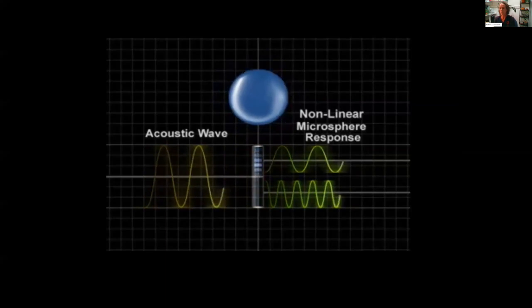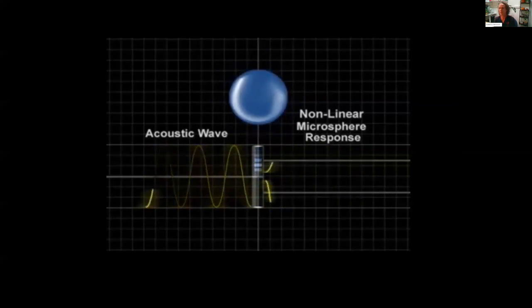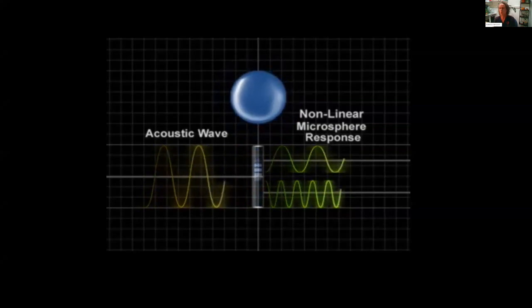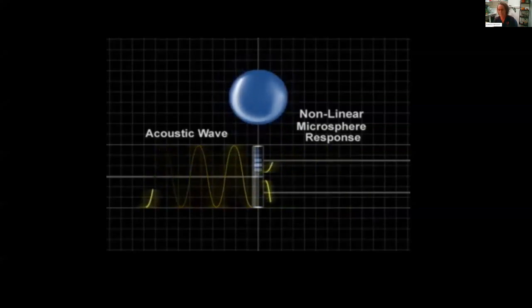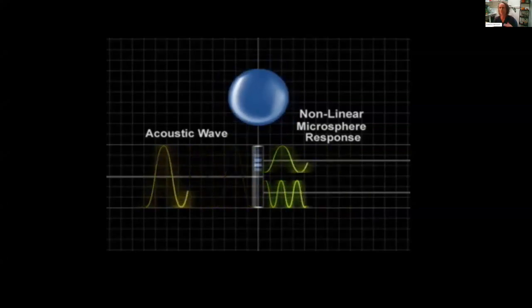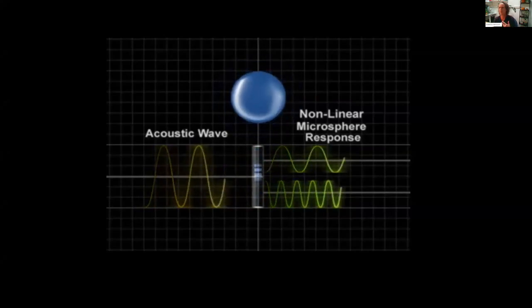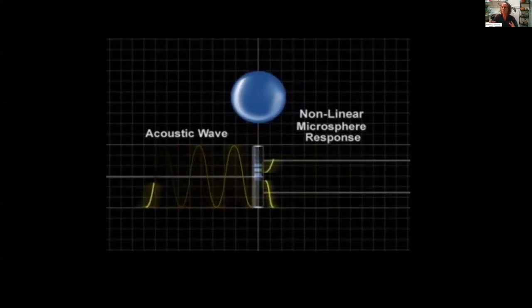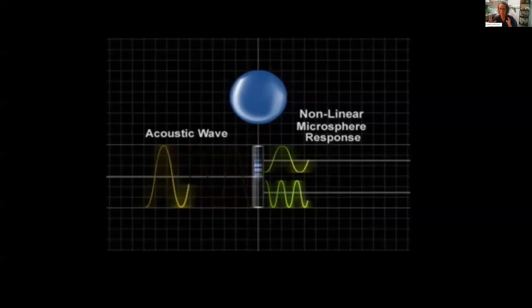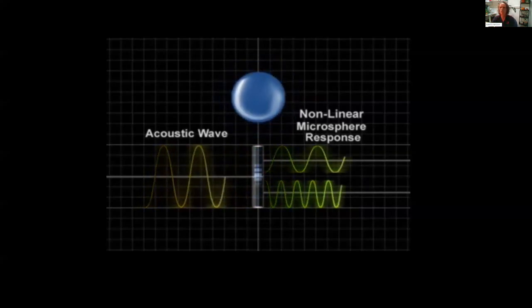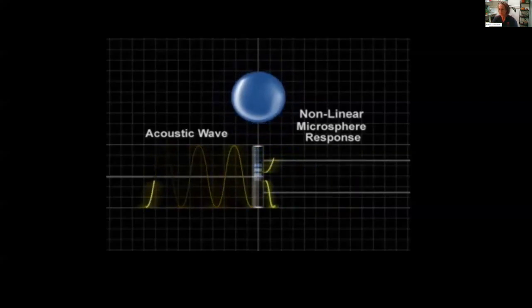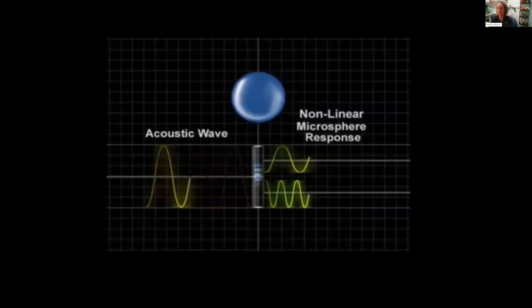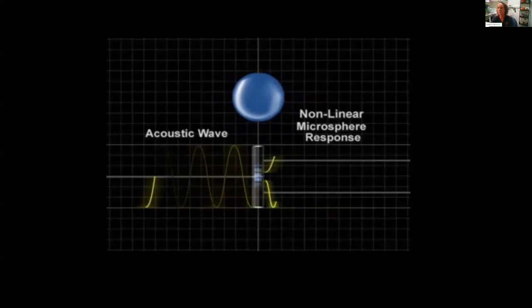Now, remember, microbubbles emit non-linear signals because they're oscillating, while tissue mostly emits linear signals. It does to some extent also emit non-linear signals because tissue does also compress in the field of ultrasound, but it's mostly linear.